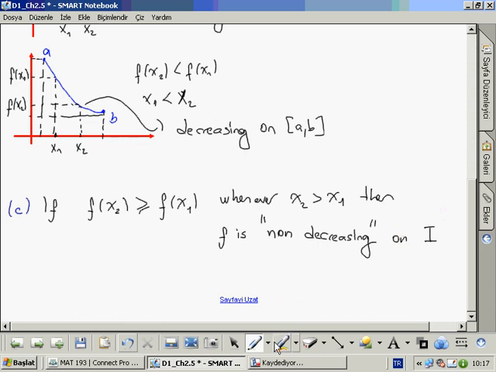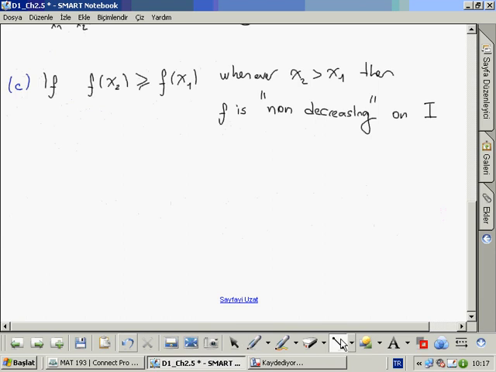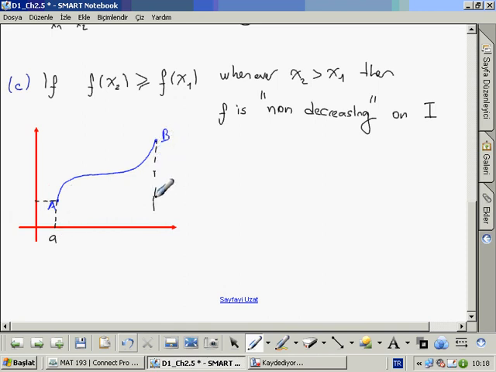Some of you can understand, but some of you want to see it on the graph, so let me sketch it. For example, this is B, this point is x1, this point is x2.